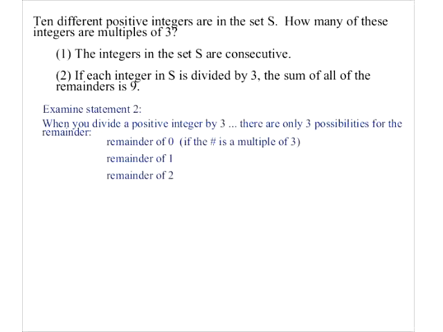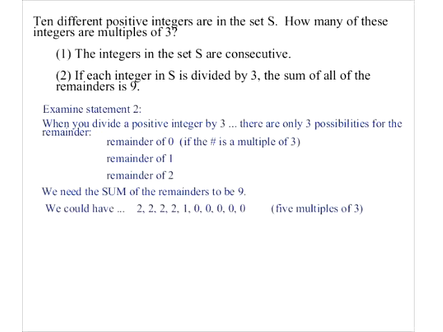So let's try to make 2 different possibilities here. We need the sum of the remainders to be 9. So 10 remainders. We could have a 2, a 2, a 2, a 2, a 1, and the rest would be zeros. So that means we have 5 multiples of 3, because each time the remainder is 0, that means you have a multiple of 3.